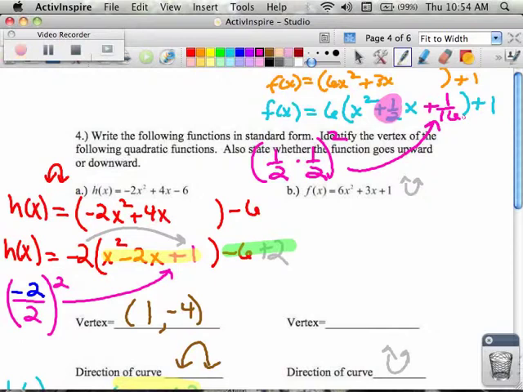Now I'm going to rewrite this. So in completed square format, or in other words, standard form, I have f of x equals 6 with the parentheses being squared. Oh no! I forgot to do something on the outside of the parentheses.